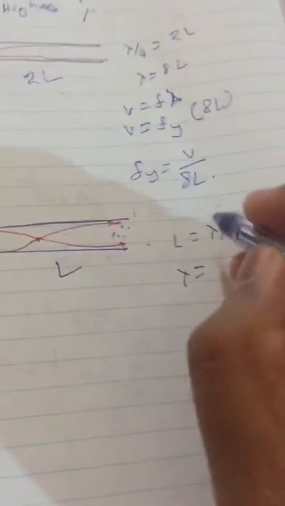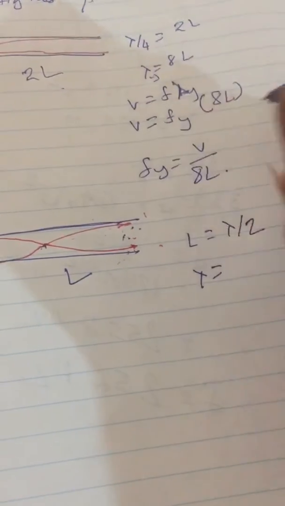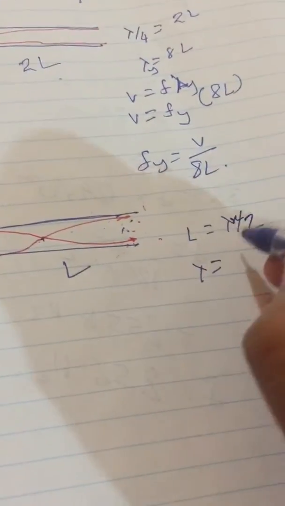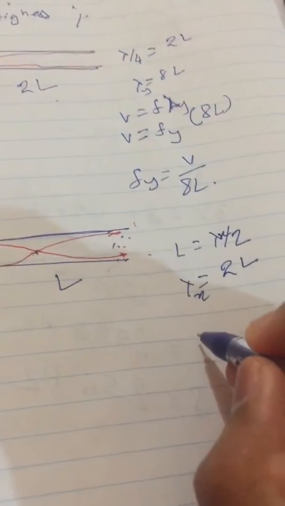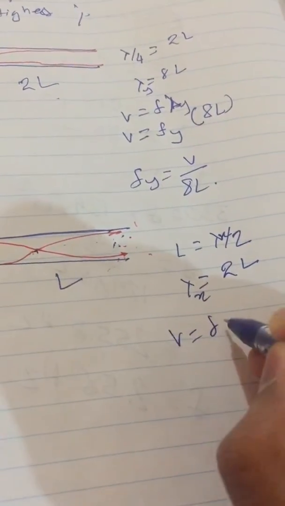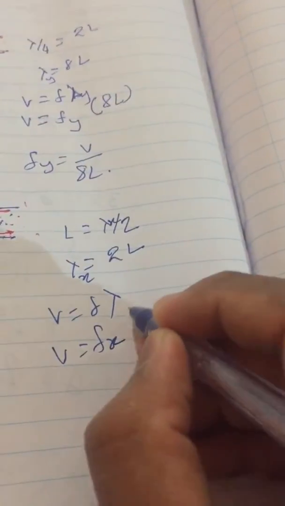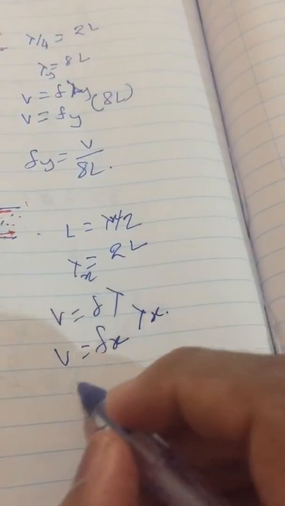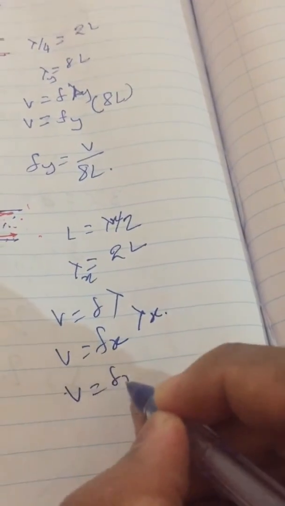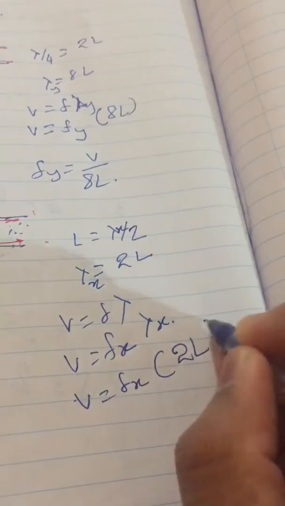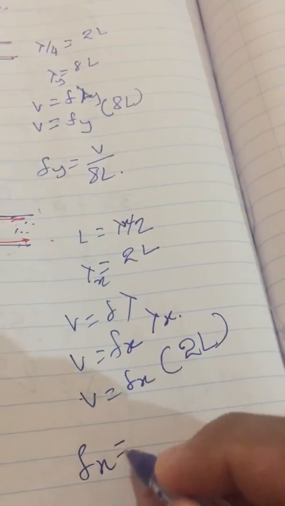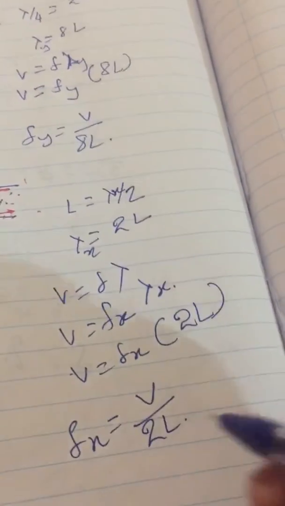Lambda is equal to, so obviously this lambda, let's call this lambda y, and this is lambda x. So lambda x is equal to 2L, which means V is equal to F lambda, V is equal to Fx lambda x. So V is equal to Fx times 2L. Fx is equal to V over 2L.